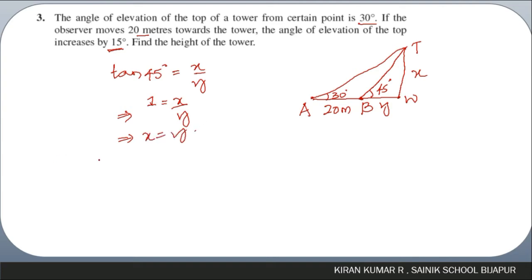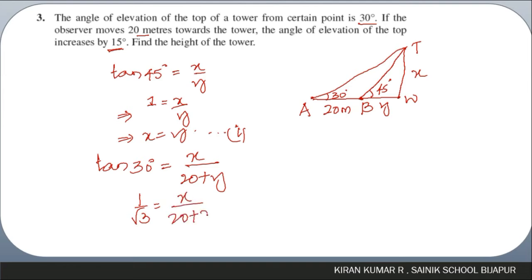Now observe, if I take tan 30 degree, this becomes x upon 20 plus y, as equation 1 says x is equal to y. I would like to substitute in the place of y as x so that I can find the value of x. This implies 20 plus x is equal to root 3 times x.